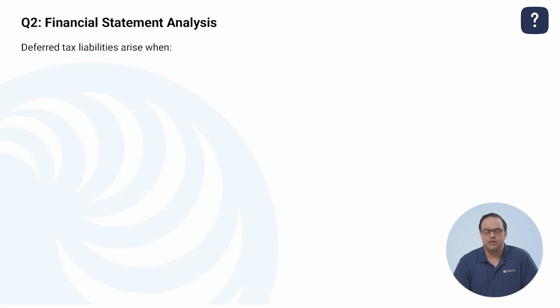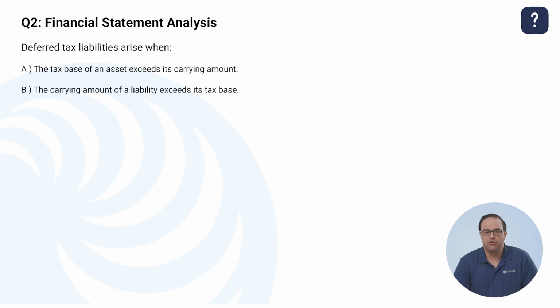Well, the first consideration is if the tax base of an asset exceeds its carrying amount. Then we look at whether the carrying amount of a liability exceeds its tax base, or if the tax base of a liability exceeds its carrying amount.